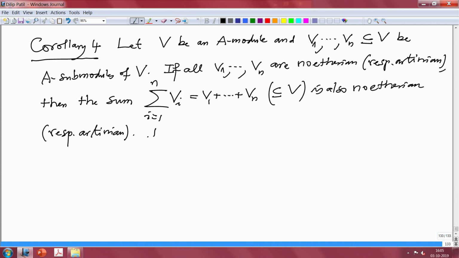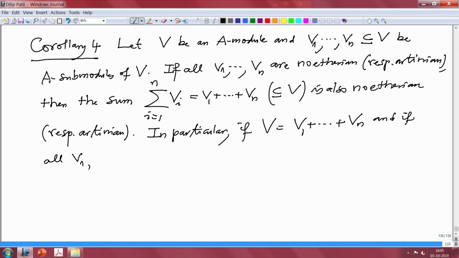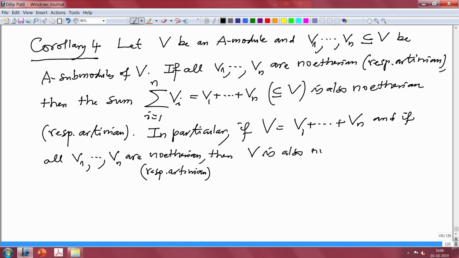So, in particular, if V is the sum of these and if all V1 to Vn are Noetherian, respectively Artinian, then V is also Noetherian, respectively Artinian.